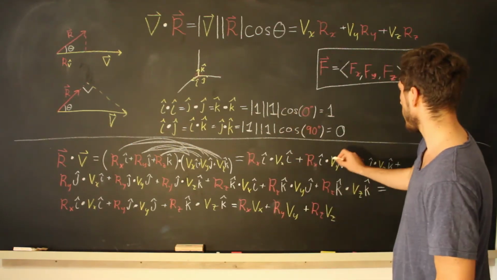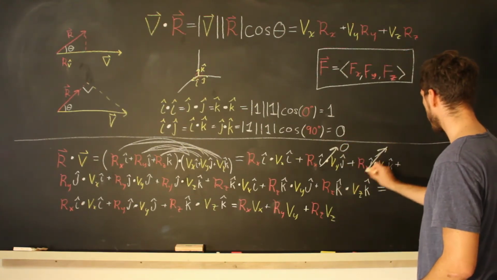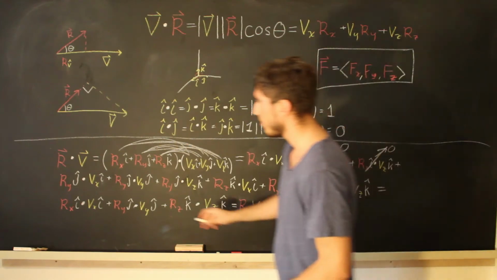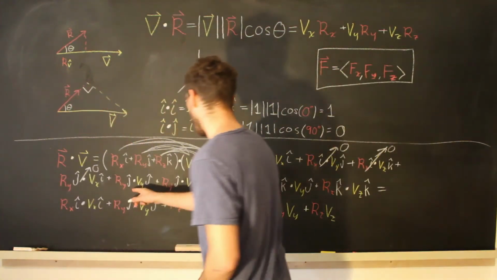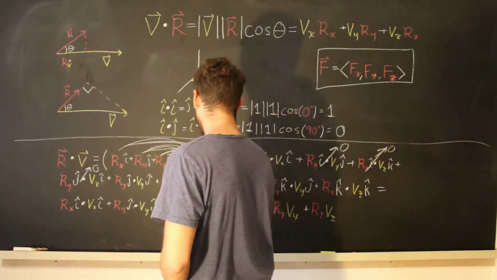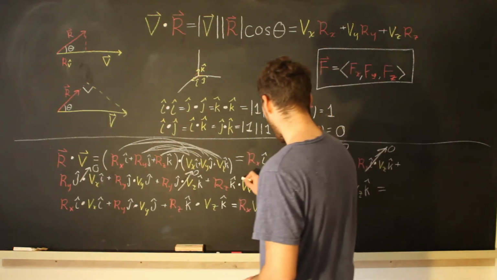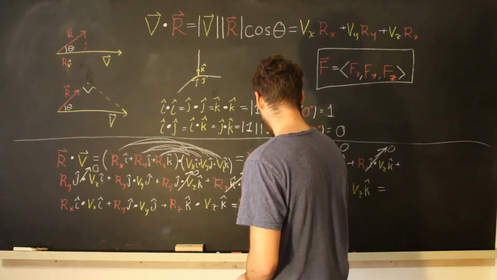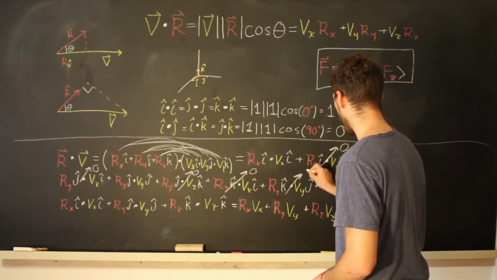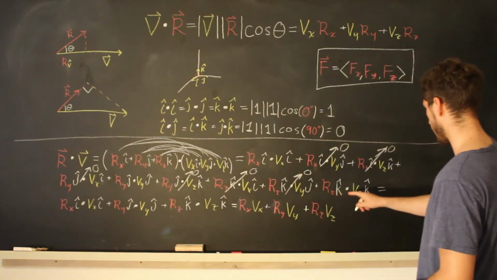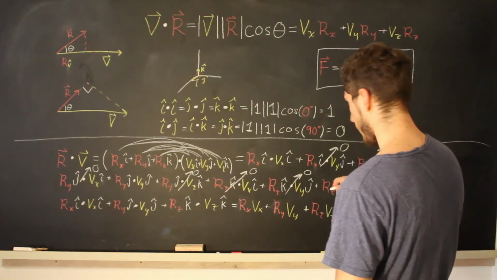So we keep this one, this one goes to 0, this one goes to 0, j and I, 0, j and j is fine, j and k, 0, k and I, 0, k and j, 0, r of k and k, we're good there. So did I get everything?